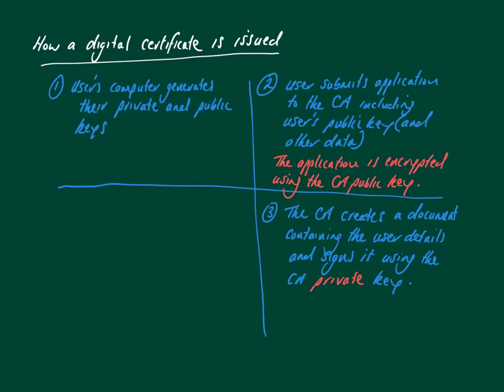And step 4, the digital certificate, now that it's been signed by the CA, is sent back to the user and can be used in communication with other servers. So the user can then communicate with, for example, Gmail, and the digital certificate can be used by the Google servers to ensure that the messages coming from the user are actually authentic.